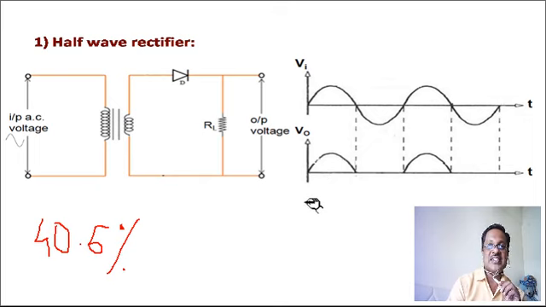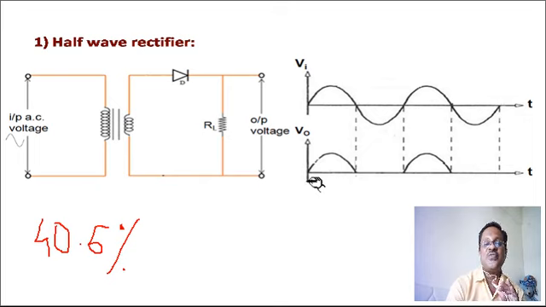The half wave rectifier circuit converts only 40.6% of the input AC voltage into DC voltage, and hence this half wave rectifier circuit is not effective.